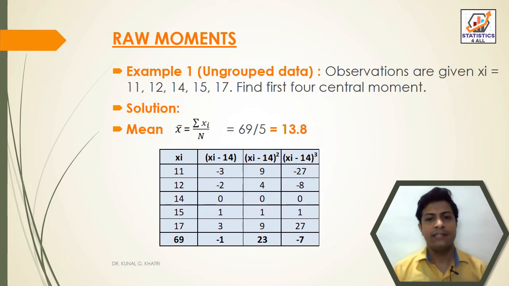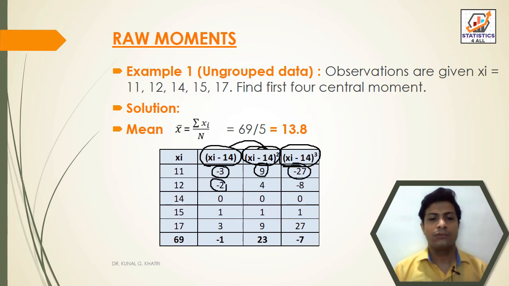So after finding the second raw moment, we find the third raw moment. For that we have to first find xi minus 14 whole cube. For this we have to multiply xi minus 14 into xi minus 14 whole square. So here minus 3 into 9 is equal to minus 27.